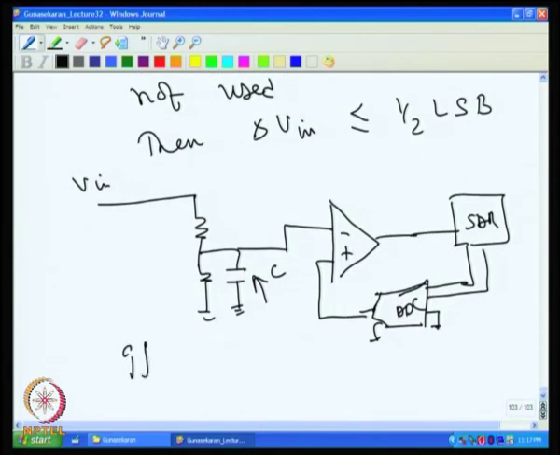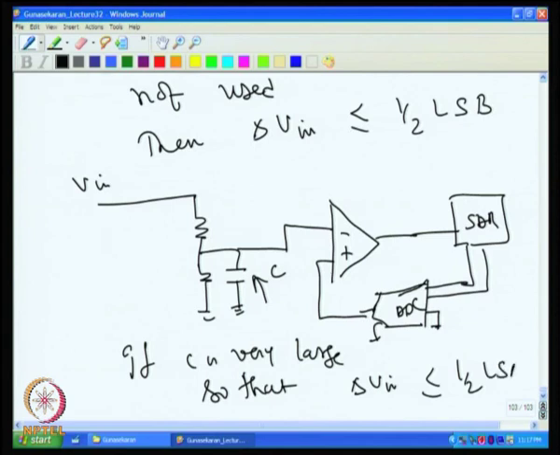If C is very large, so that delta V in is less than half LSB during the conversion time, then sample and hold is not required.